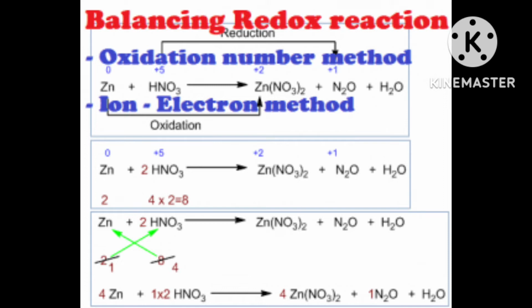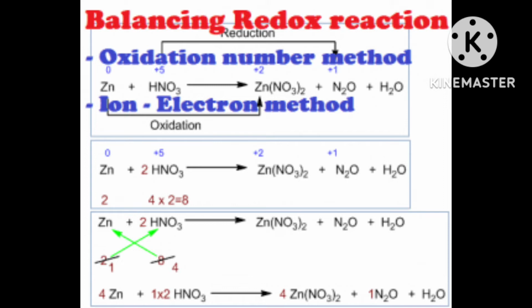Chromium you have written as +6, and easily you can calculate. Cr2O7 has 7 times -2, which is -14. So 2x minus 14 is equal to -2. Then -14 goes to the right side and becomes plus 14.